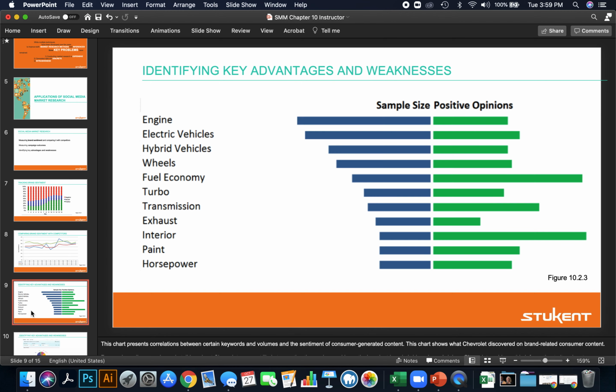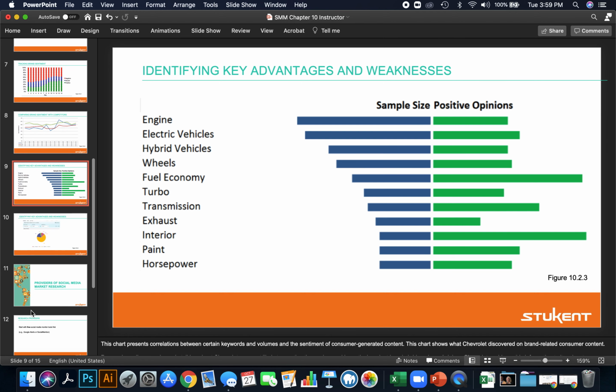Here's another sentiment chart. This time, the sentiment chart is showing how people feel about certain keywords. So again, you can either examine certain products, services, and even words associated with a product or service.